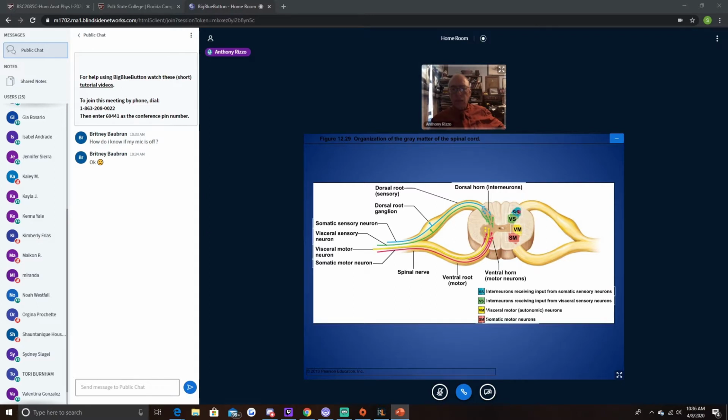SS stands for somatic sensory. Soma means body. So sensation from your body parts is out here, whereas sensation from your viscera means organs, visceral sensory is here. And then anterior portion of the cord, which is the motor portion, the visceral motor neurons are here, and the somatic motor neurons are there.